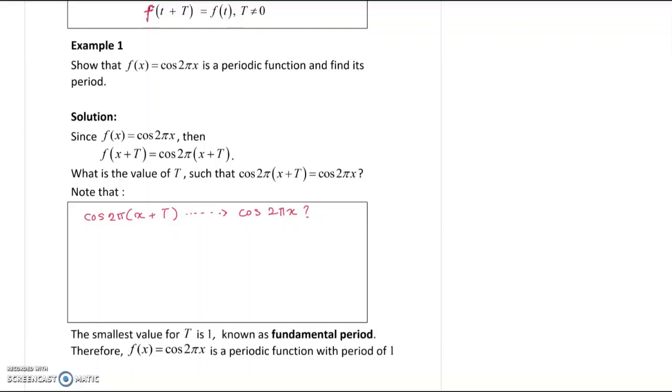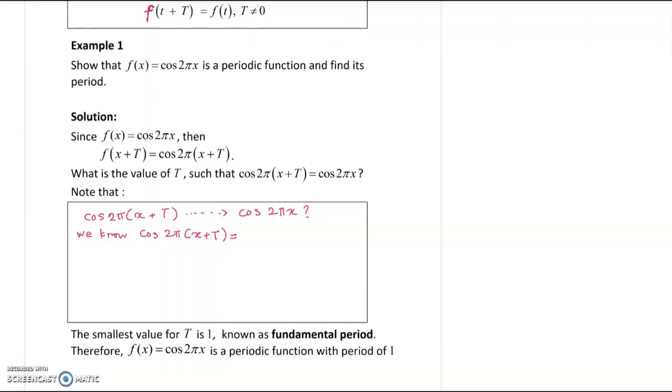Okay, so we need to start from cos of 2 pi x plus t here. By the trigonometric identity, it is actually in the form of cos a plus b.